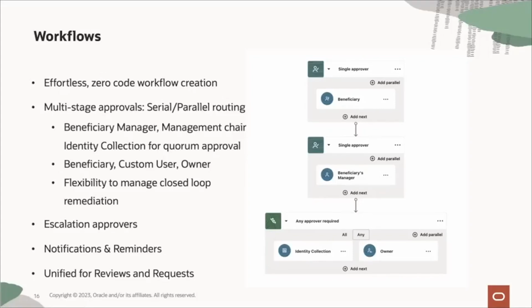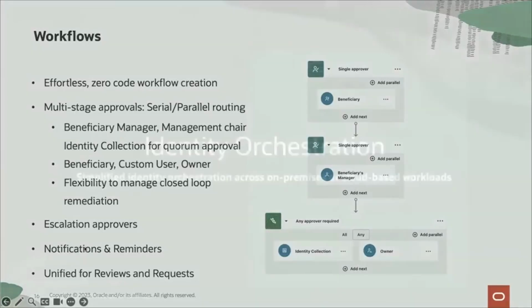It supports notifications, reminders, so that people do not forget around it. So now we have a single workflow for both access reviews as well as request mechanism, which makes it comprehensive and very easy to design. So that's the workflow, and a lot of capabilities have gone in the most recent updates.